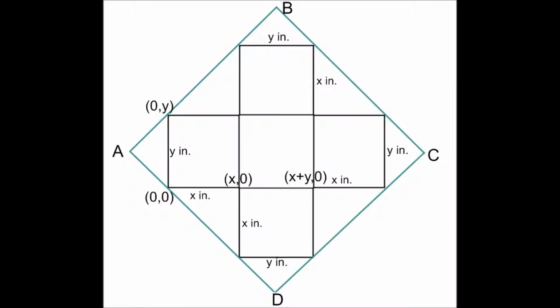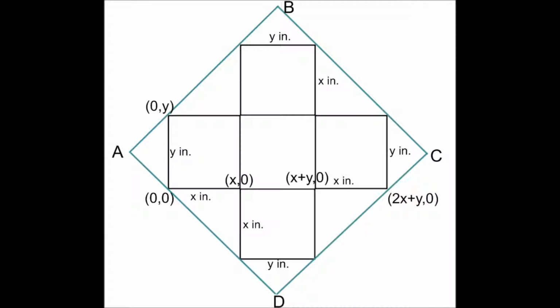And continuing across with the right-hand tile, it's again the same as the left hand, where it's X by Y, and so the coordinates of that right-hand point below C is 2X plus Y, 0.